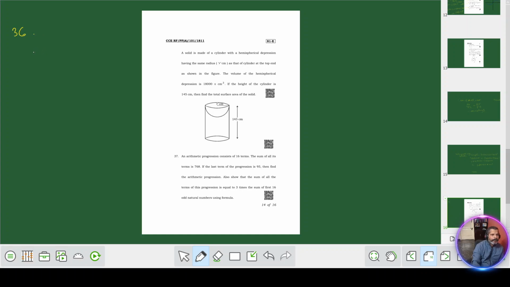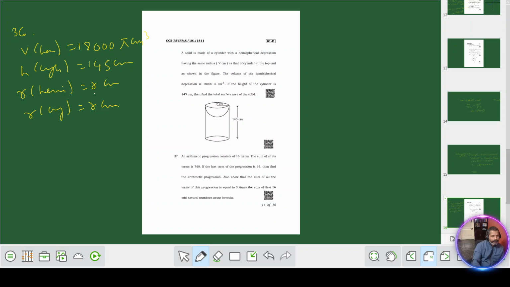See, volume of the hemisphere is given as 18,000 pi cm cube. Height of the cylinder is 145 cm and radius of hemisphere is r cm. Radius of cylinder is also r centimeters. Find the total surface area of the solid.